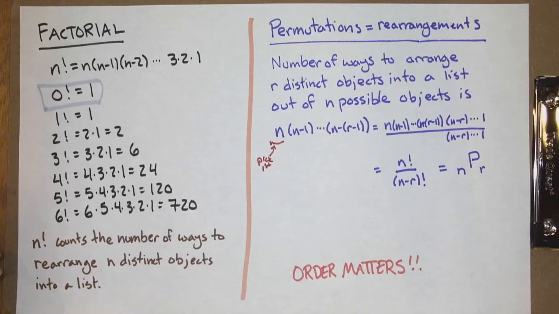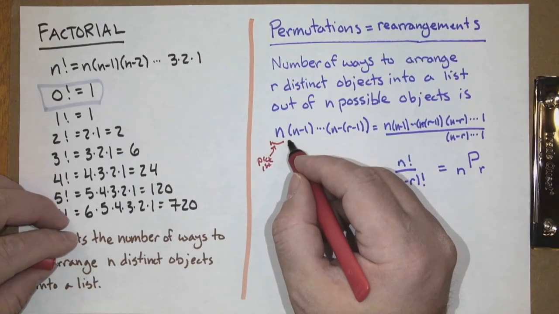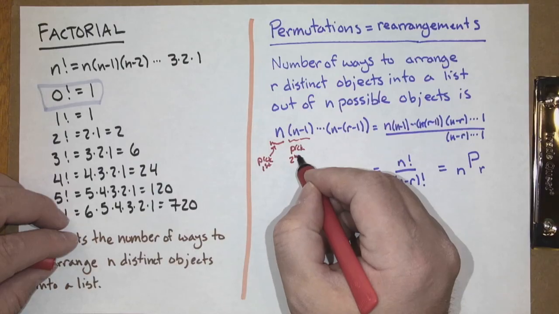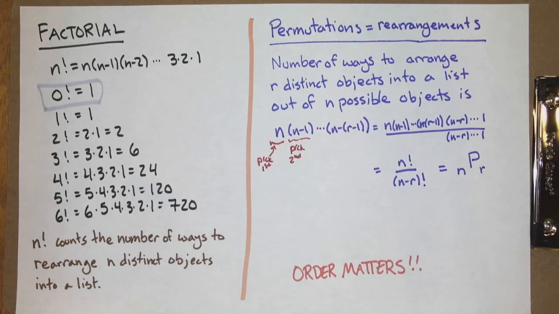And then I say, okay, now I pick the second one. Well, I've already picked out one object, so that means I have one less. So that's my n minus 1. Now, when I pick out the third object, how many options will I have? So n for picking out the first one, n minus 1 for picking out the second.